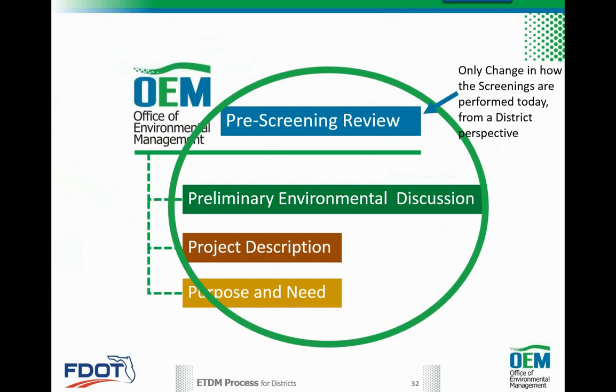The two other pieces, which are really important as well, is looking at the purpose and need and that project description. Again, this is our initial here's our project to the world. We want to make sure that we're really all collectively putting our best foot forward. And so in this pre-screening review, it's a 14-day review that happens in a draft environment before a project goes out for review.